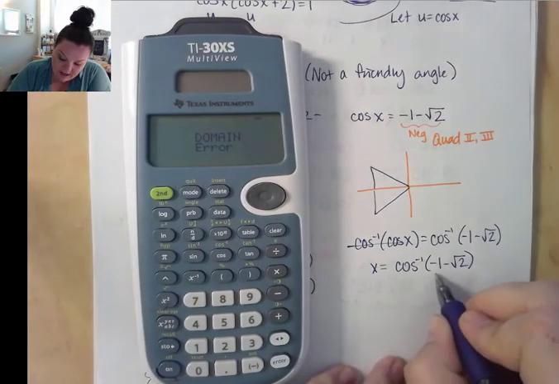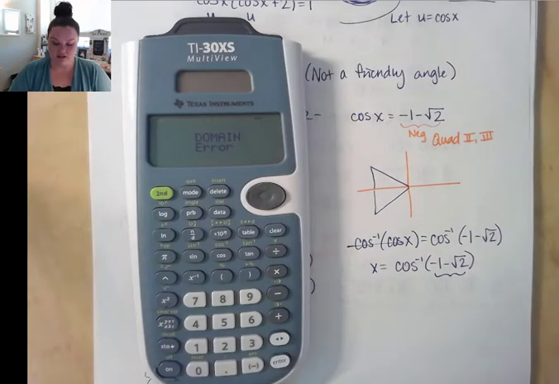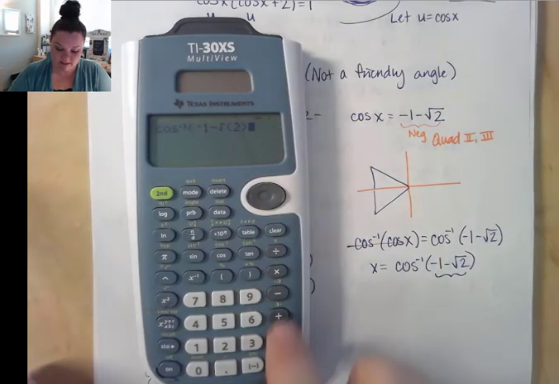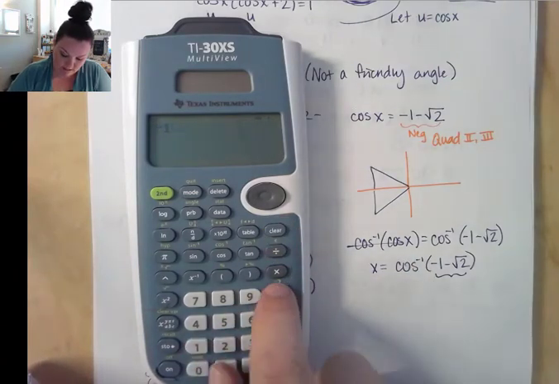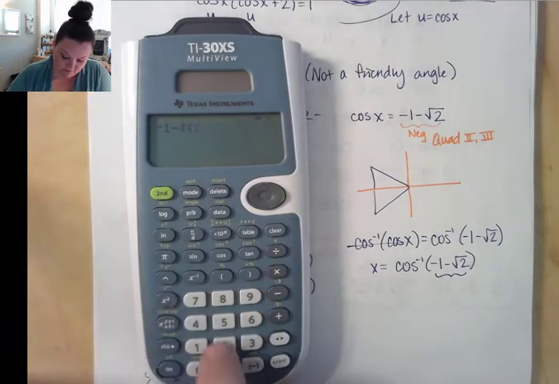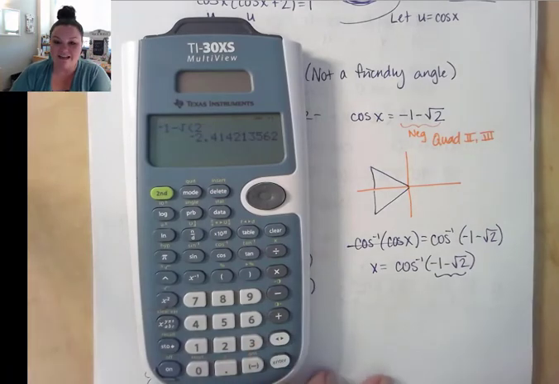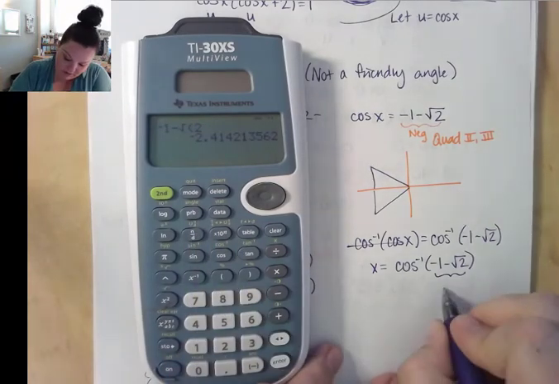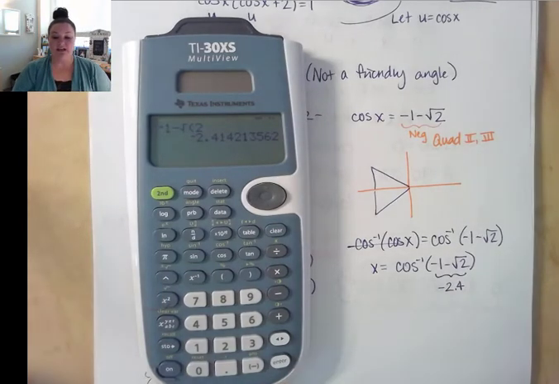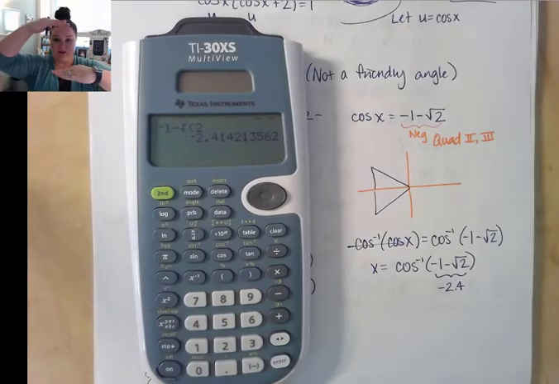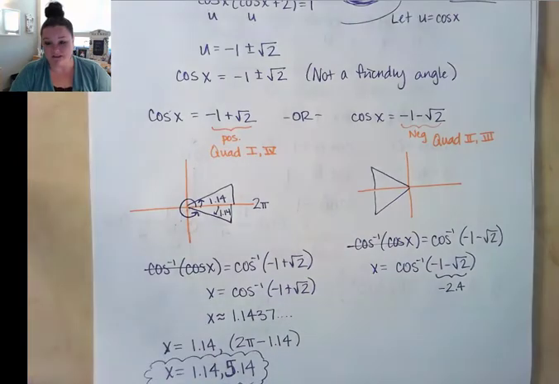If I get a decimal approximation for this, -1 minus the square root of 2 is actually about -2.4. That's a number that falls below the -1 to 1 interval, so it's not possible to do it.